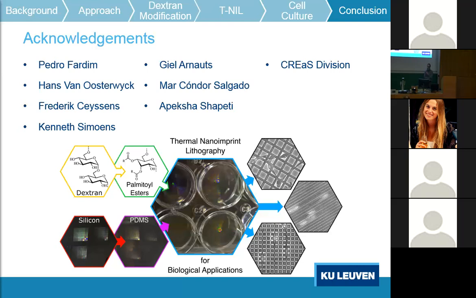You played with three different topographies, but that by itself already leads to a lot of combinations. From a fundamental point of view, this is all interesting because I can see how the endothelial cells that you used respond to it. Fine, but then what?